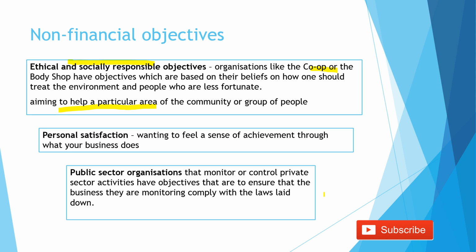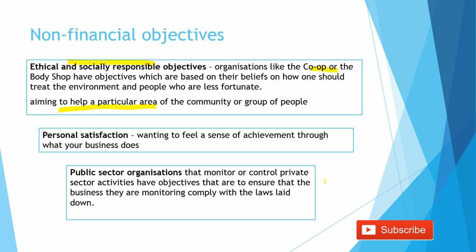Health and safety, for example, will ensure that all businesses are working within the law laid down for them, because their objectives would be to try and minimize as many accidents at work as possible. They will introduce the right training for businesses to undertake, so everybody in the organizations knows how to lift manually, for example, or to avoid injuries.